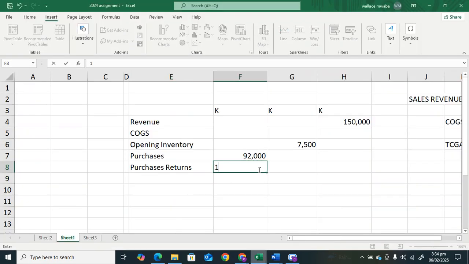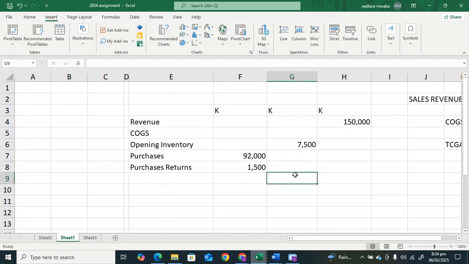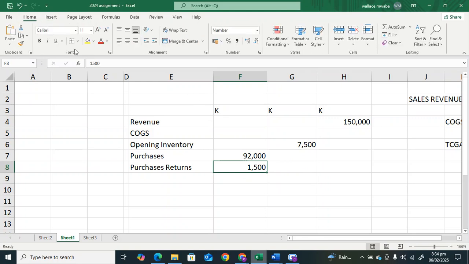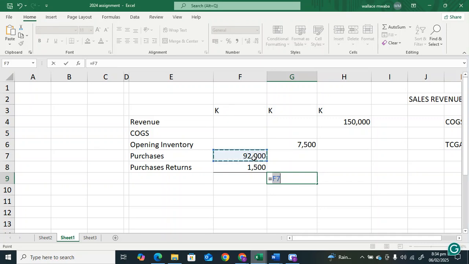These are the goods we return back to our suppliers. Sometimes they may not be okay, they may be the wrong ones. It might be expired. So various reasons. So we deduct purchases minus purchase returns. 92,000 minus 1,500.